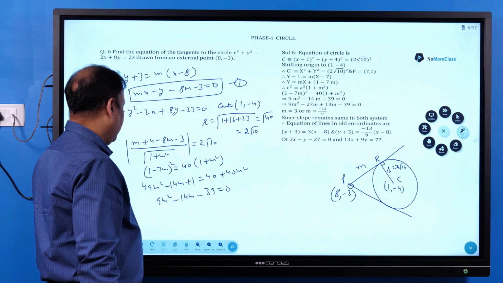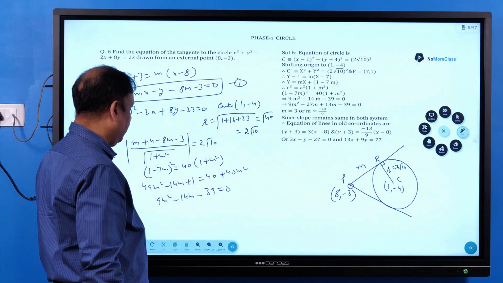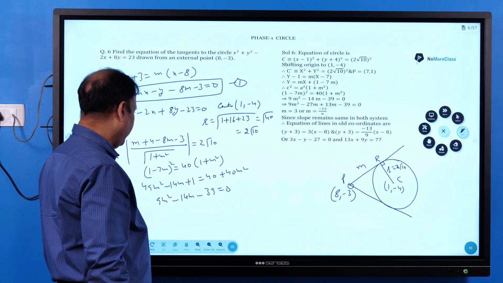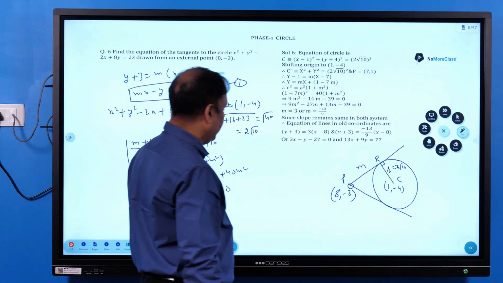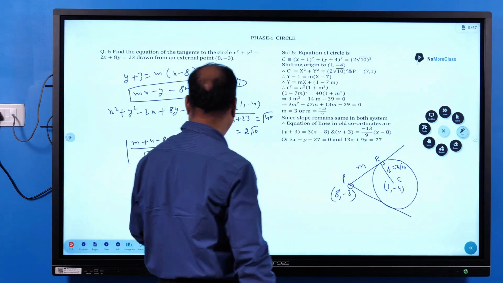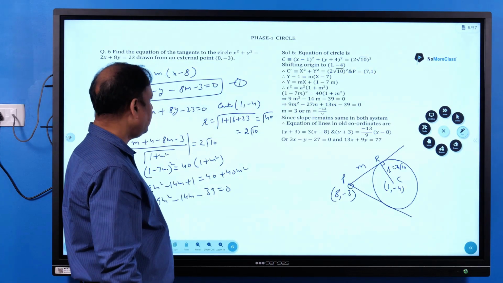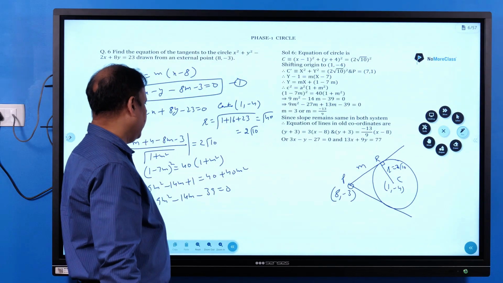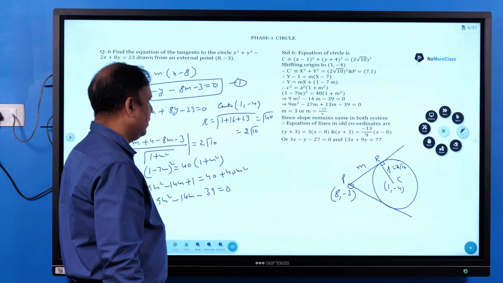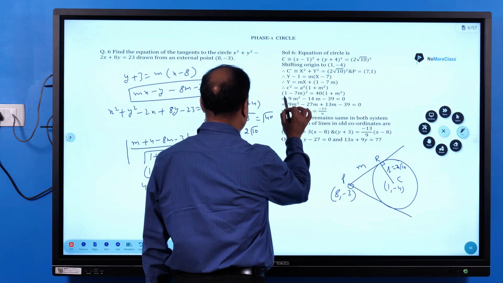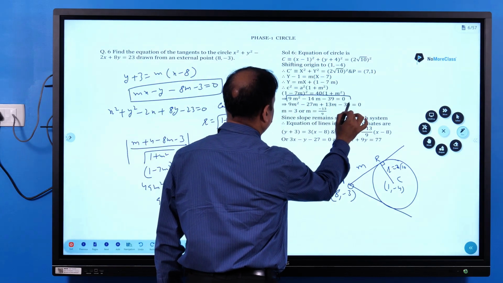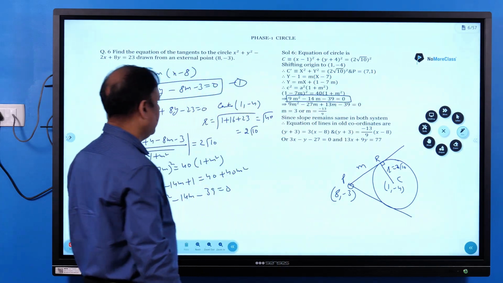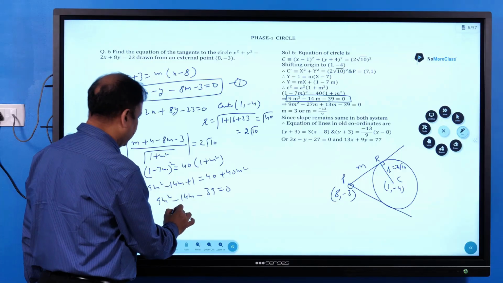So from here you have to calculate the value of m. By quadratic equations you can solve 9m² - 14m - 39 = 0. So we are getting the same equation. Its two roots are there.